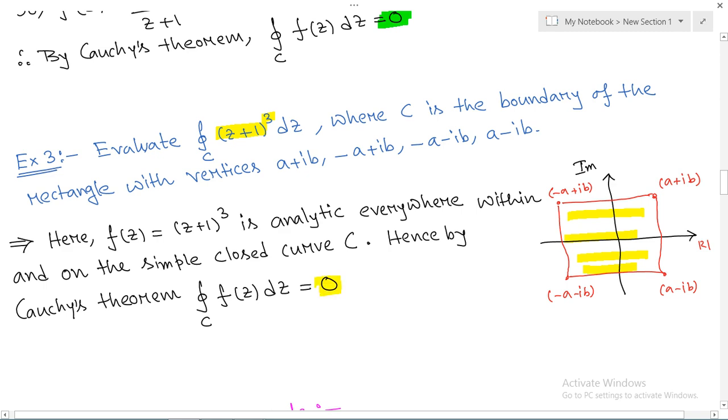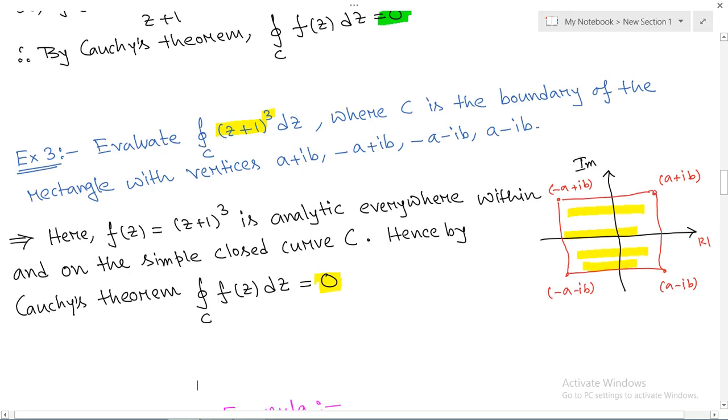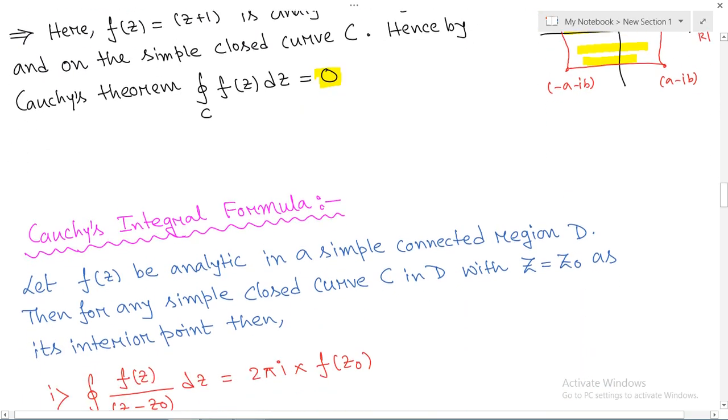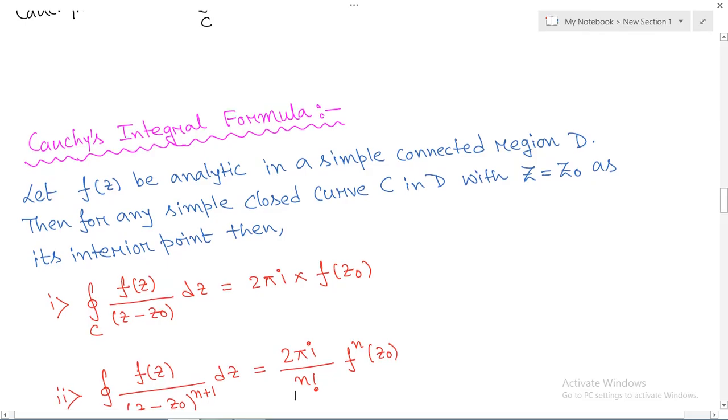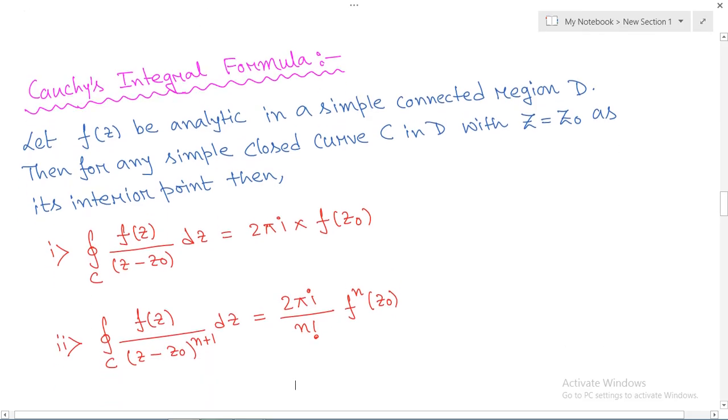Now we are going to discuss the next formula, that is Cauchy's integral formula. That is one of the most important formulas that we have in complex integration.